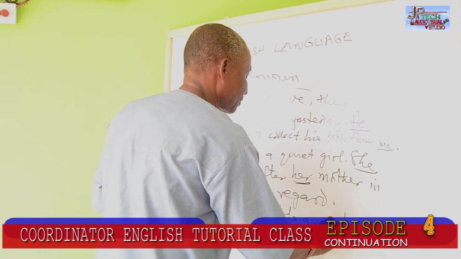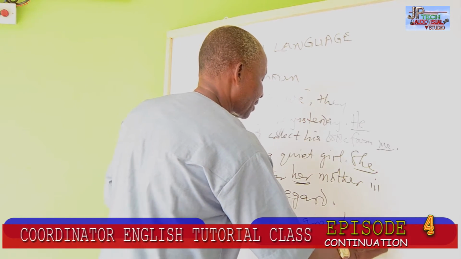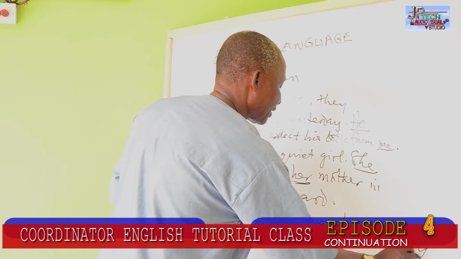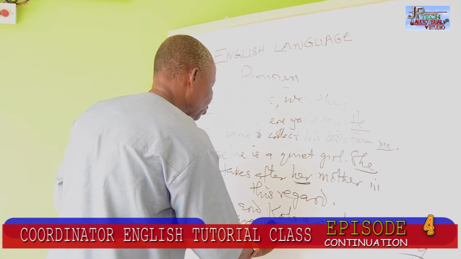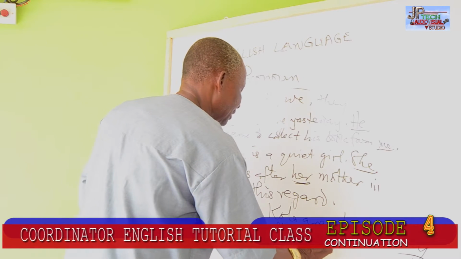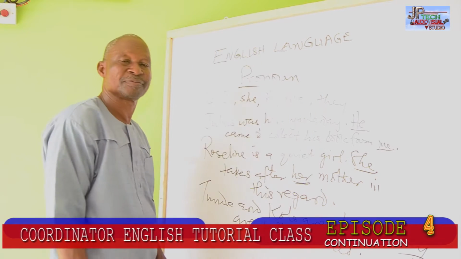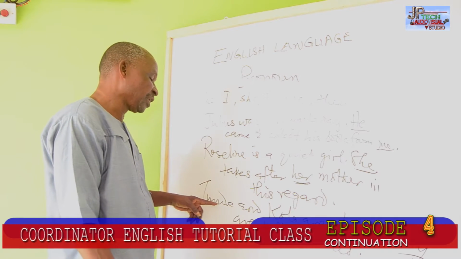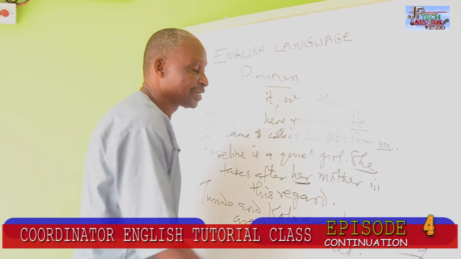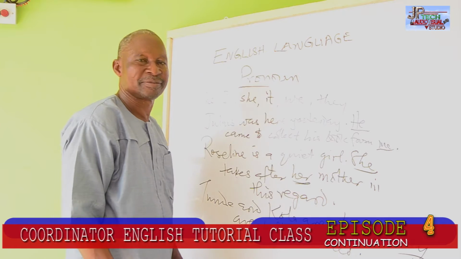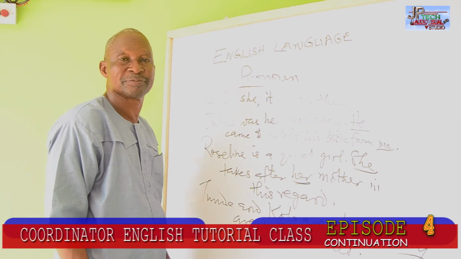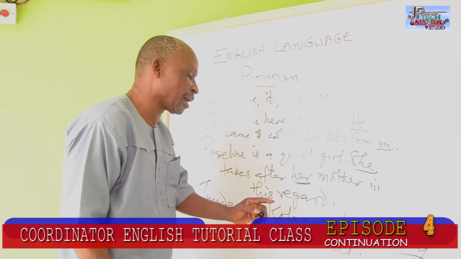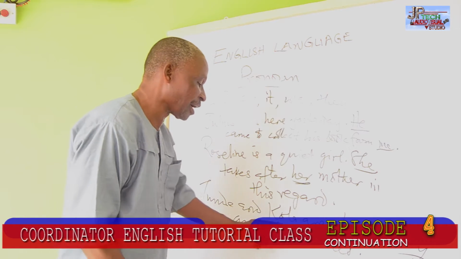Tunde and Kola are students. They are brilliant ones. Tunde and Kola are students. They refers to Tunde and Kola. Instead of saying Tunde and Kola are students, Tunde and Kola are brilliant ones.